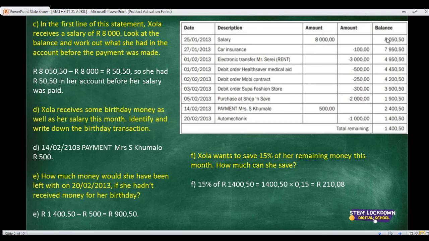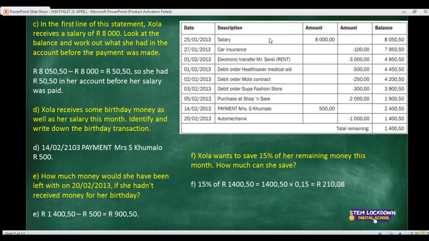The balance is 8,050 rands and 50 cents. That is the amount he has in the balance at the beginning of this statement, 25 January 2013, which is the time frame we are given to work with in this statement.